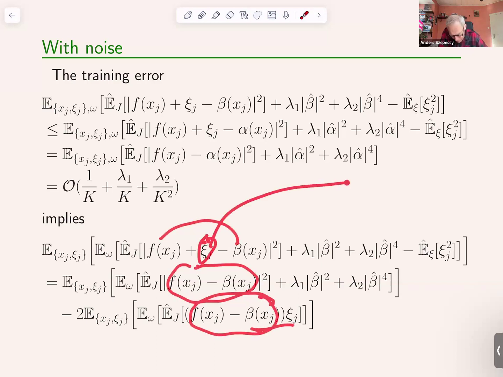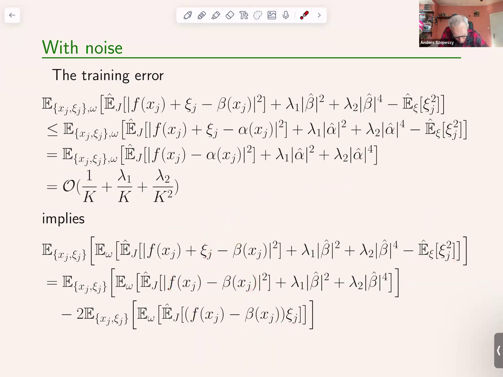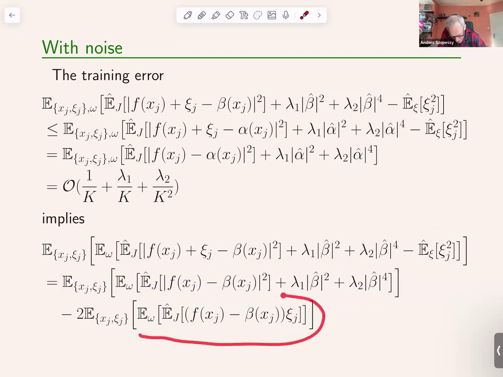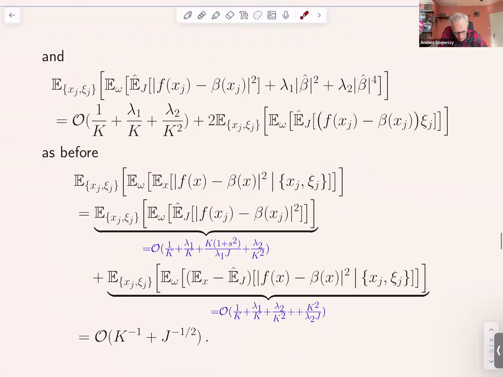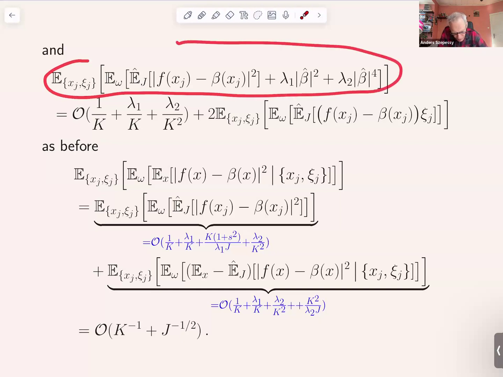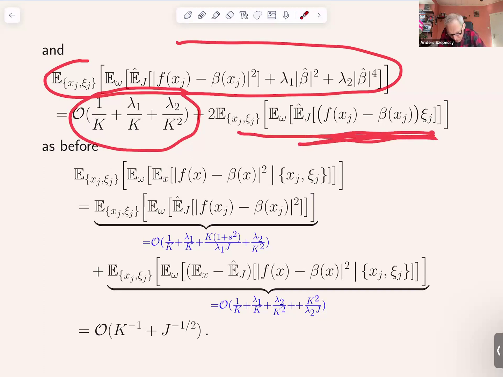And this one squared is cancelled by what we have here. So here is what we want to study. And then we have an additional term here that pollutes our error estimate, and that needs to be estimated. So we know that this is less than that, and then we have this pollution by the noise here.